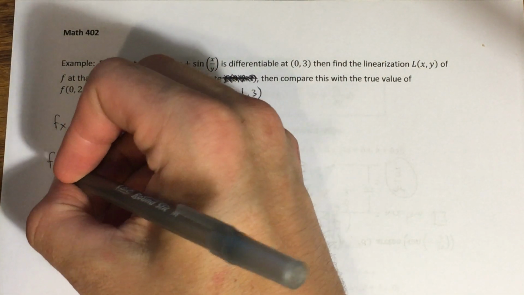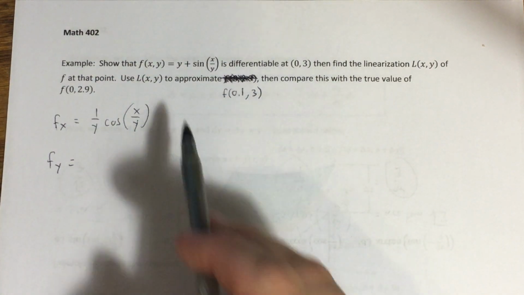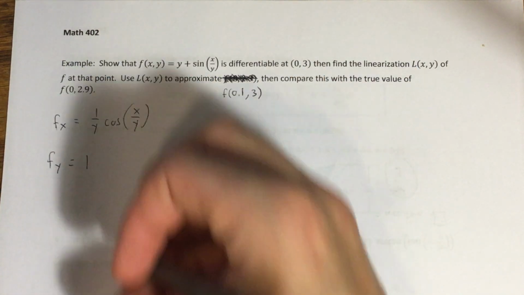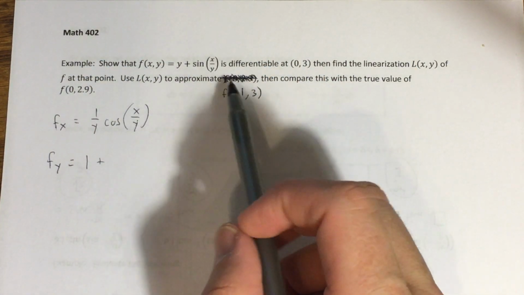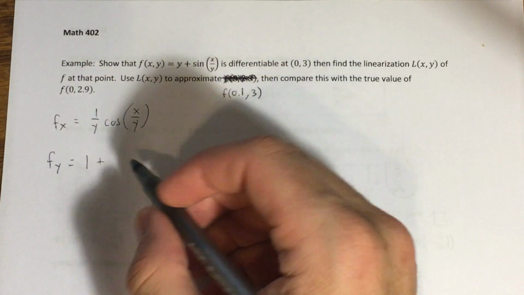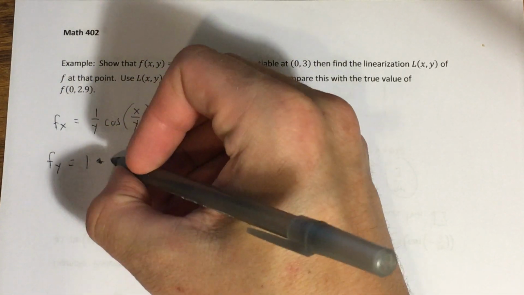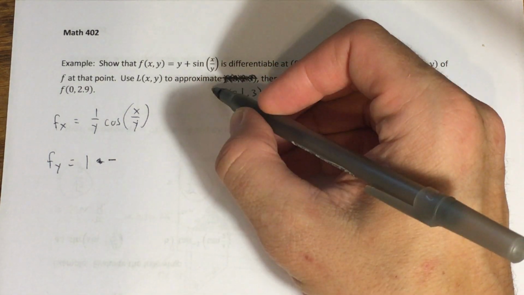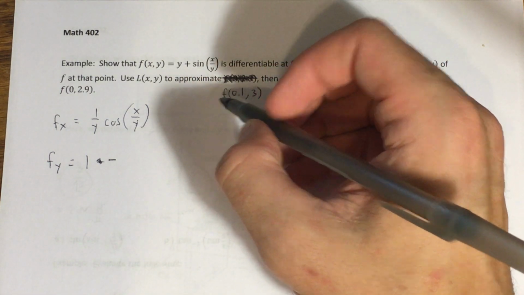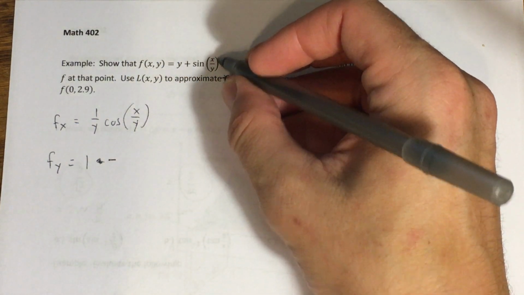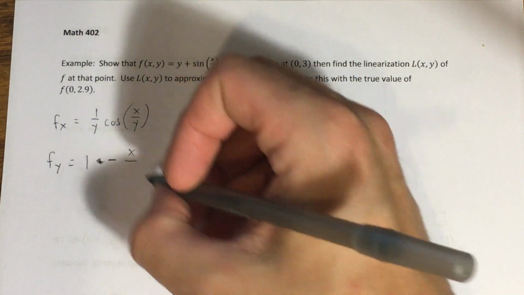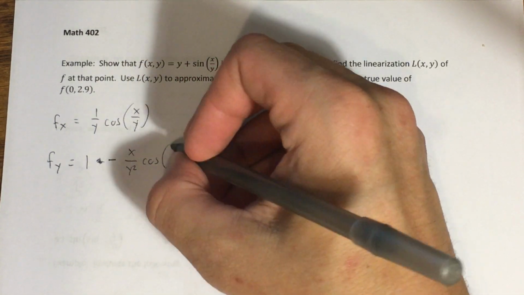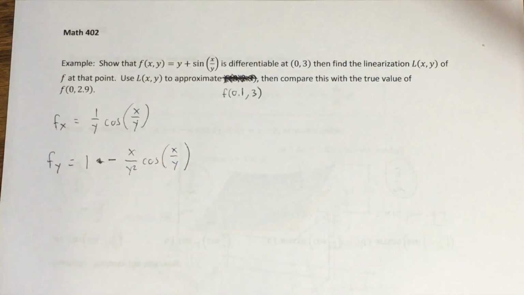What about fy? I'm holding x constant now, and y, this is going to be a 1 plus, and then actually this will end up being a minus, so let me change that to a minus. The derivative here is going to look like negative x over y squared, cosine of x over y.